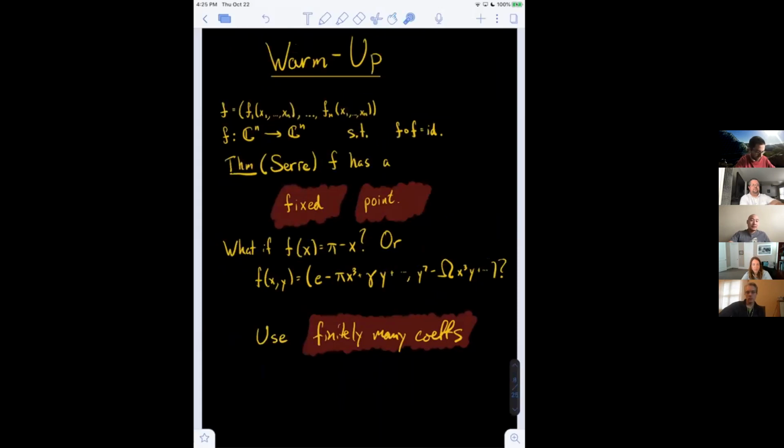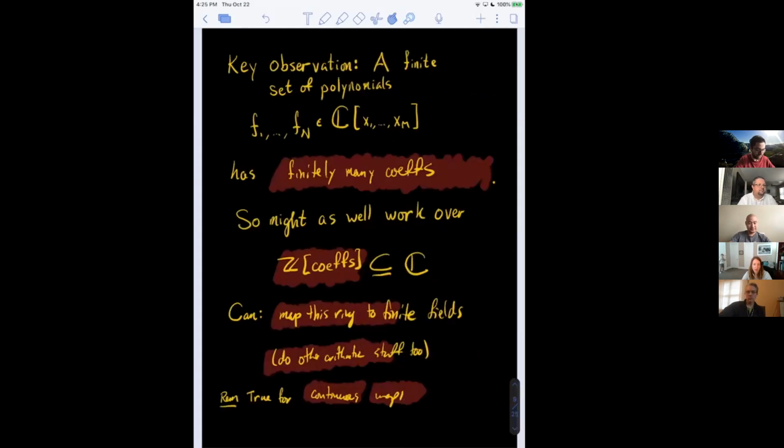This fixed point result I stated only for an involution, but the same proof works as long as f has prime power order. So for example, it's true if f composed with f composed with f is the identity. There would be one small change in the proof.